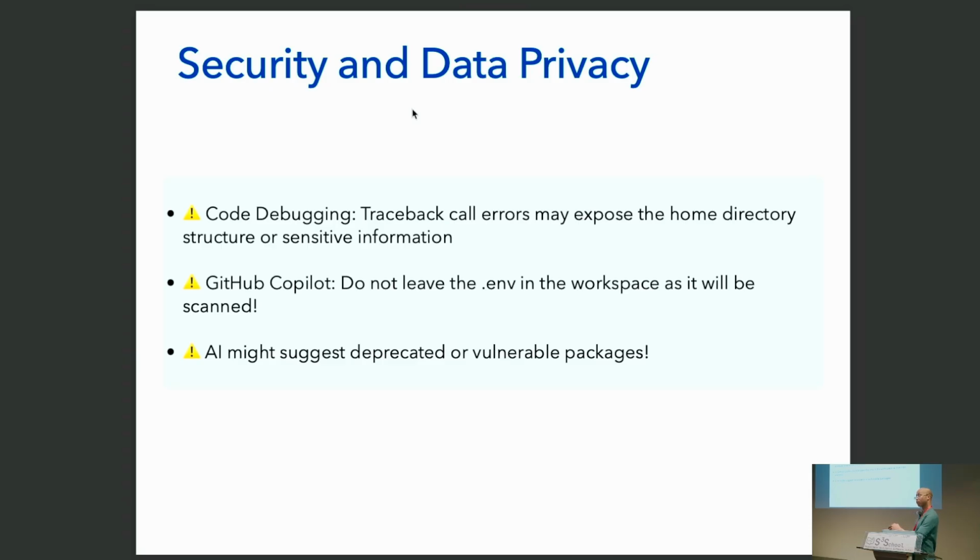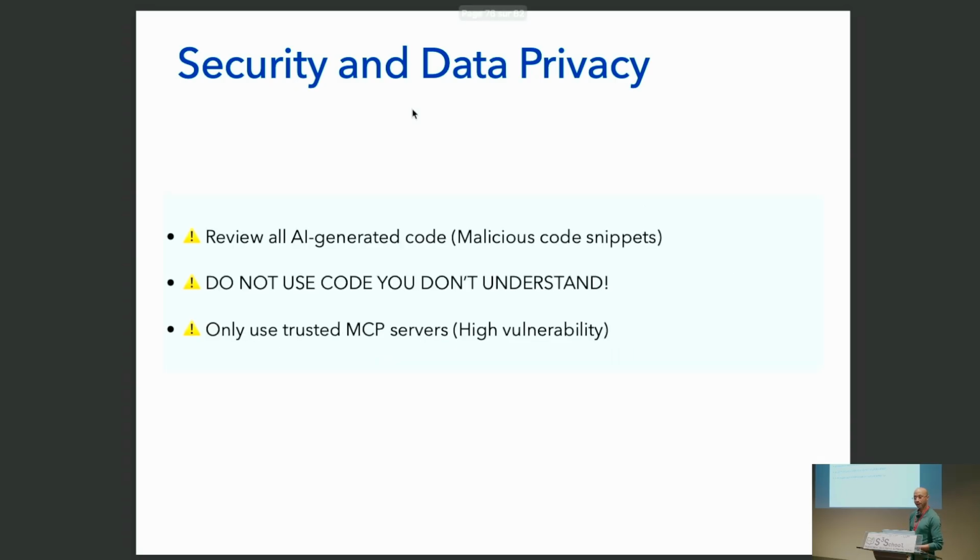So just be careful, don't paste the whole block to AI. I've already mentioned that GitHub Copilot will scan your document, everything you put there. And finally, AI may suggest deprecated packages.